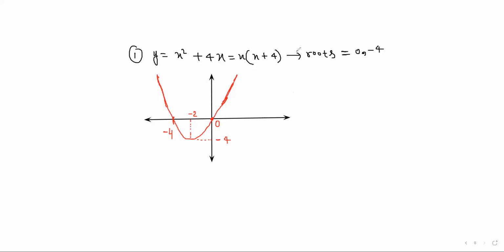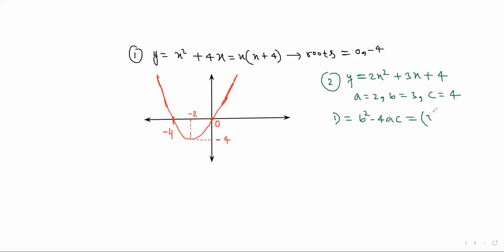Okay. Observe the second curve. Second is y equals 2x square plus 3x plus 4. A is equal to 2, b is equal to 3, c is equal to 4. D is equal to b square minus 4ac.